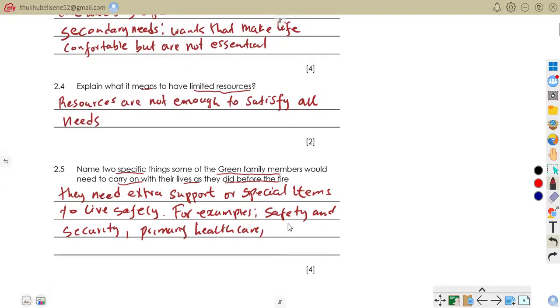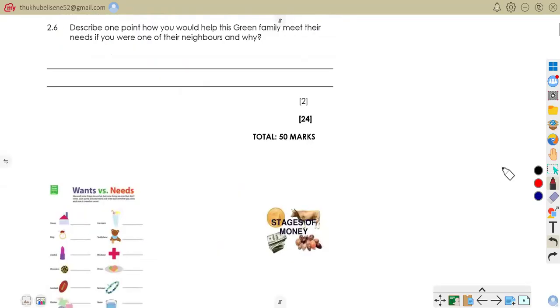Can talk of a special bed. We talk of a special bed and also a stove. So that is that. Now let us move on to 2.6.